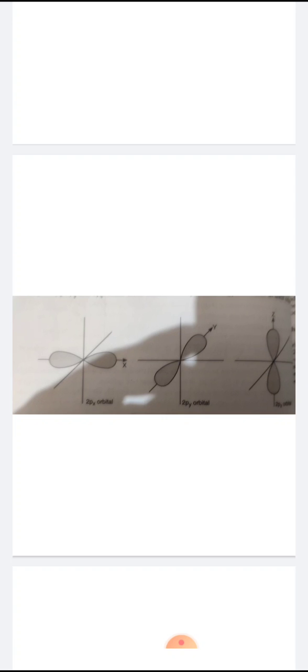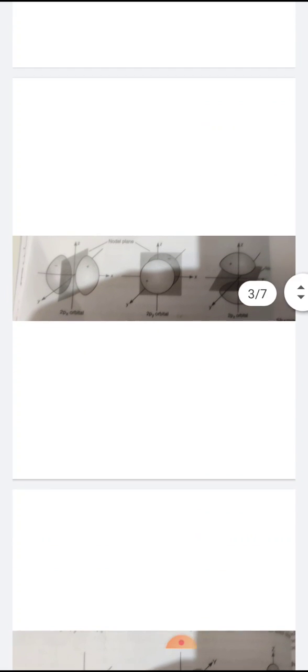For simplicity, the p orbitals are represented by the boundary surface as given in the figure. It may be noted that the two lobes of each orbital are separated by a plane having zero electron density, as shown in the figure, and this is known as the nodal plane.